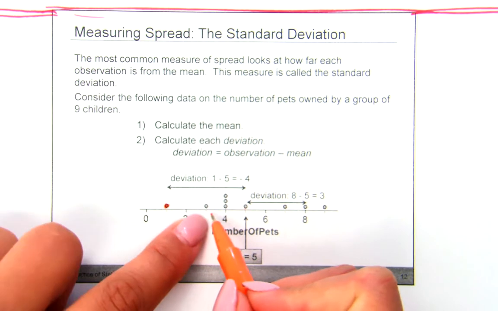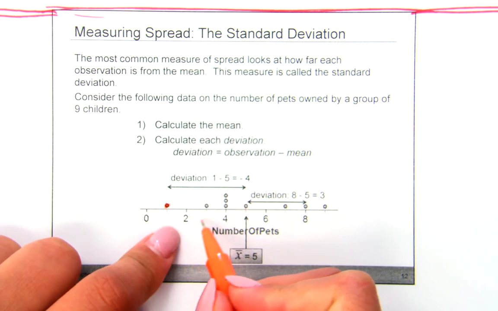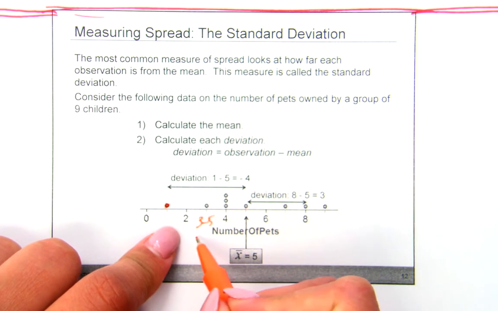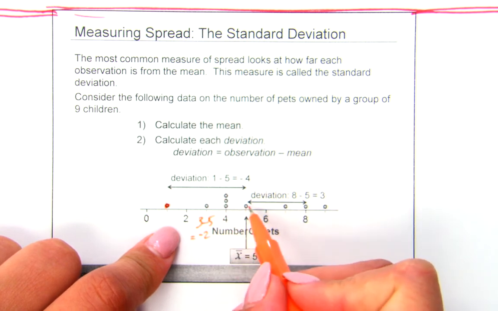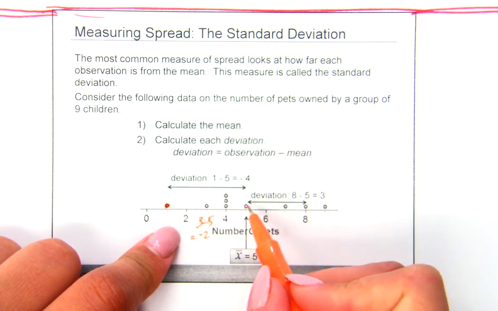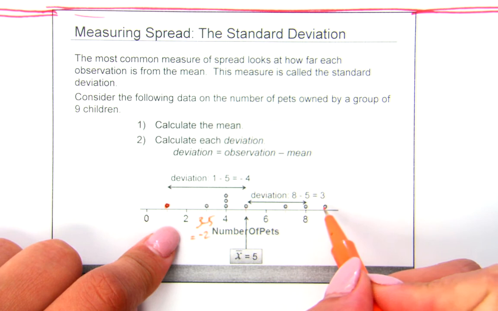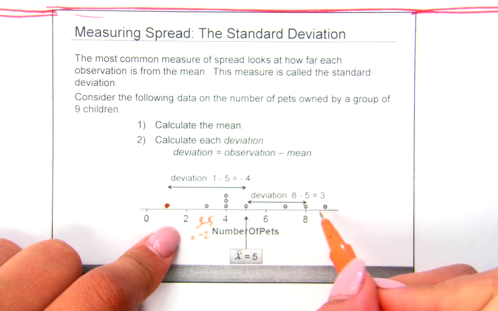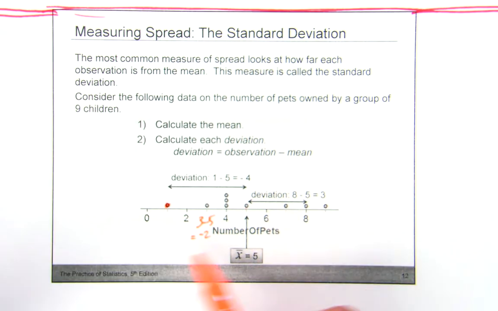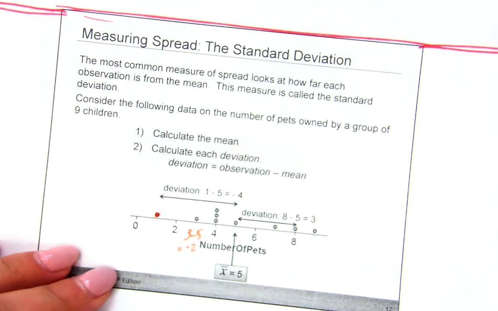Then you do the same thing for the next one: 3 minus 5 is -2. 4 minus 5 gives you -1. And we have one data point at 5, so 5 minus 5 is a deviation of 0, and so on and so forth, up to 8 minus 5 and 9 minus 5, which is a deviation of 4.